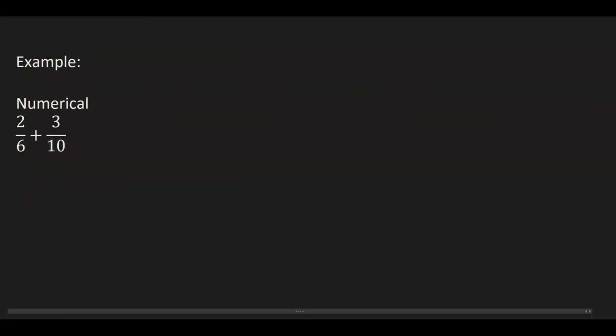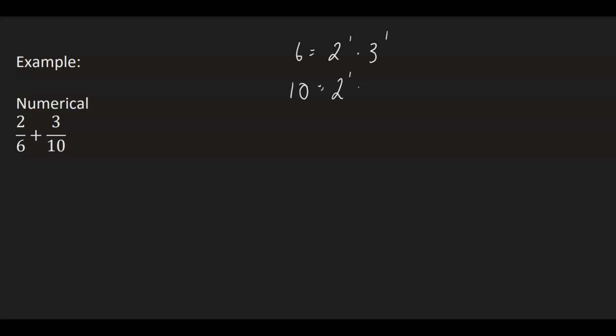Let me show you an example of what I mean, first by using a numerical example. So we are going to factor each of the denominators into their prime factors. And I see that 6 is equal to 2 to the 1 times 3 to the 1. And 10 is equal to 2 to the 1 times 5 to the 1. And we want to note each of the prime factors to their highest power. And the product of each of these is the lowest common denominator.